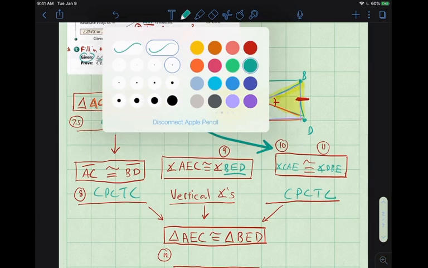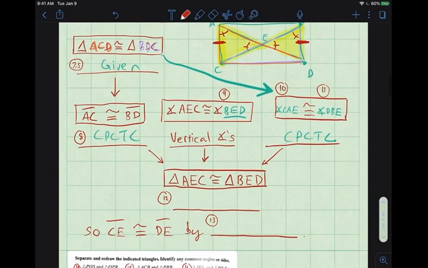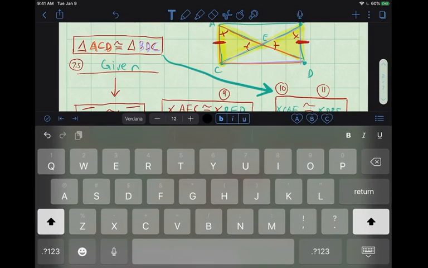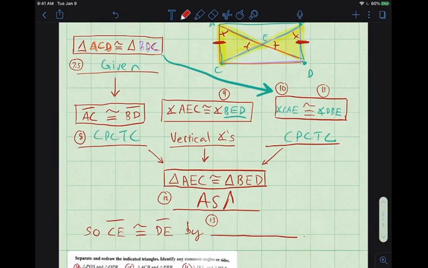So now we have our third piece of information. Angle, angle, side. It's what leaves the highlighted triangles to be the same. That's what I should have written on here.